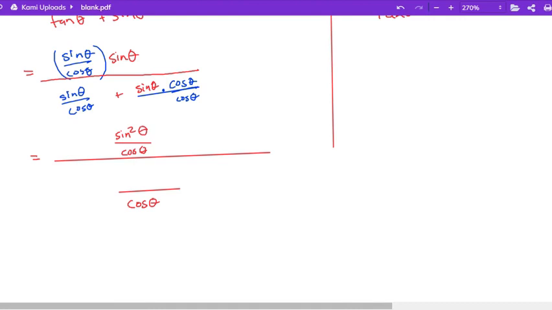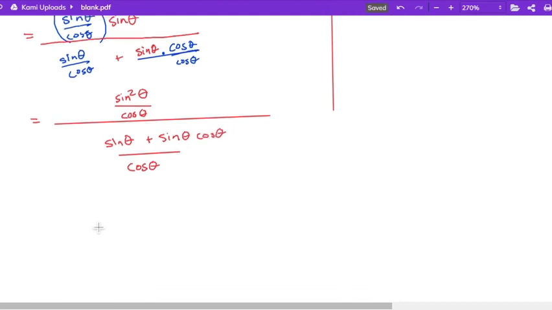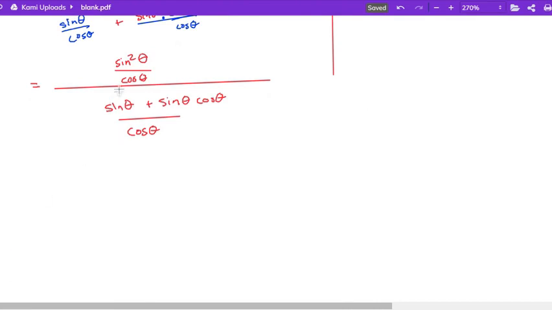They will cancel out. That's kind of nice. So here I've got sine theta plus sine theta cos theta. Otherwise, we'd have to multiply the numerator by the reciprocal of the denominator.